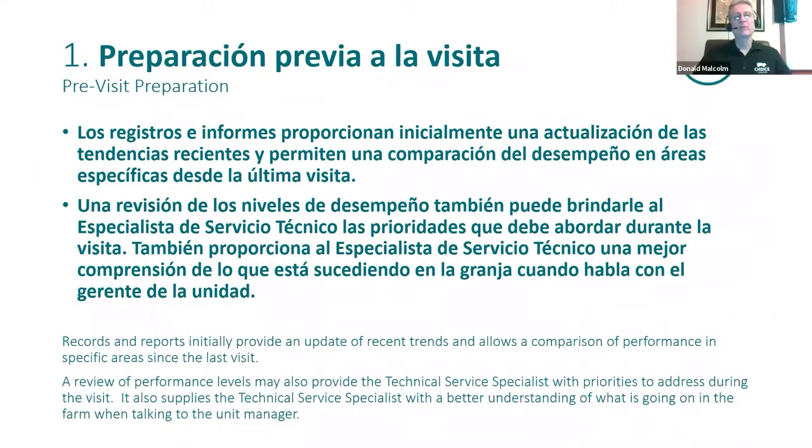So records and reports initially provide an update of recent trends and allow the comparison of performance in specific areas since the last visit. A review of performance levels may also provide a technical service specialist with priorities to address during the visit. It also supplies a technical service specialist with a better understanding of what is going on in the farm when talking to the unit manager.